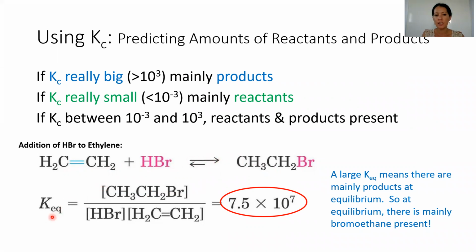Knowing the Keq of this, products over reactants, is 7.5 times 10 to the 7, that huge number tells me, because the product is in the numerator, that this mainly lies to the right. So if I add in a bunch of reactants at equilibrium, it'll eventually funnel over to give me the product, the bromoalkane. So hopefully you can see how powerful that is. You can use that to your advantage to synthesize certain substances.